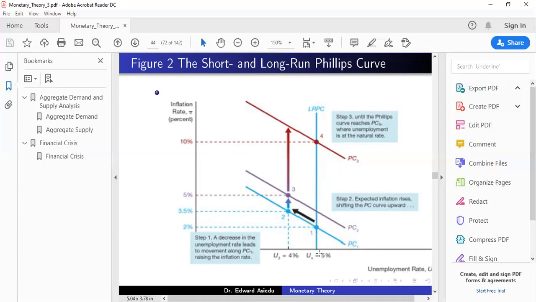So if you have a short-term reduction in unemployment, it will lead to slightly higher inflation, and then the short term will take you into the long run where you are back to your long run potential. Just like we did for the aggregate supply and demand shocks.